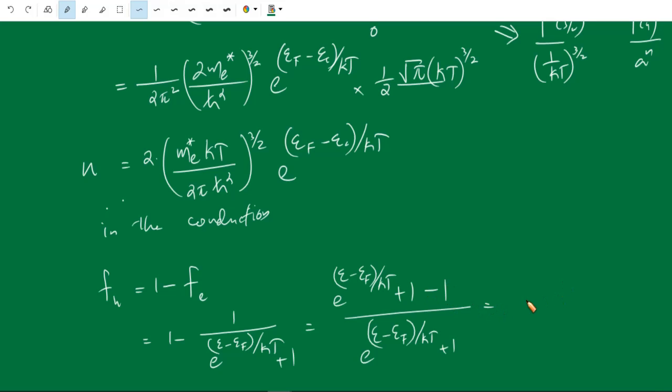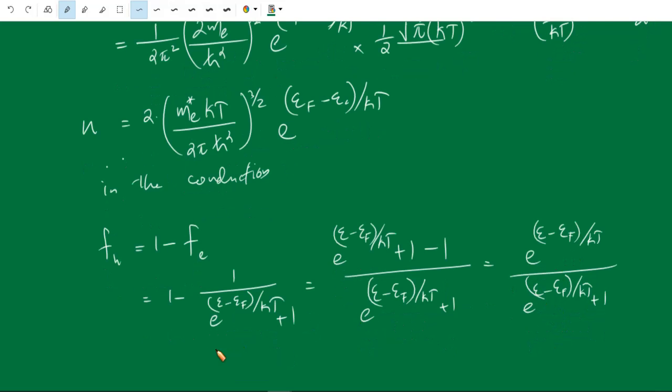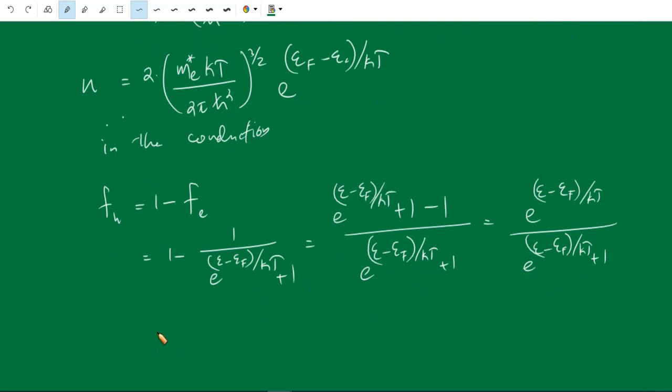So this is equal to, dividing with this quantity in the numerator and denominator, we get 1 divided by: the first term will become 1, the second term will become 1 by e raised to (E minus EF) by kT. So this will be e raised to minus of (E minus EF) divided by kT.